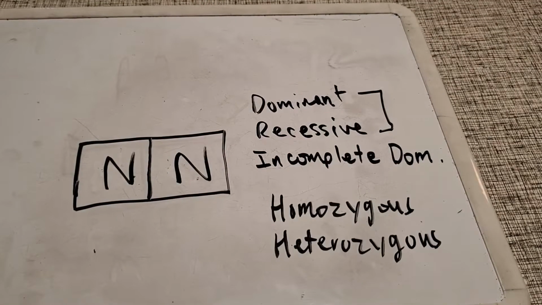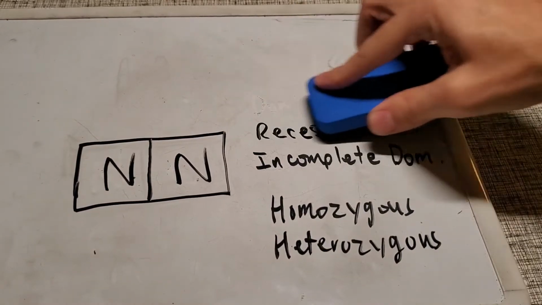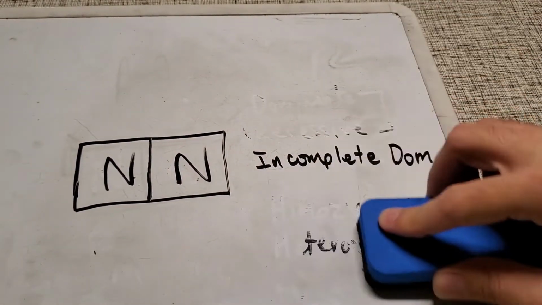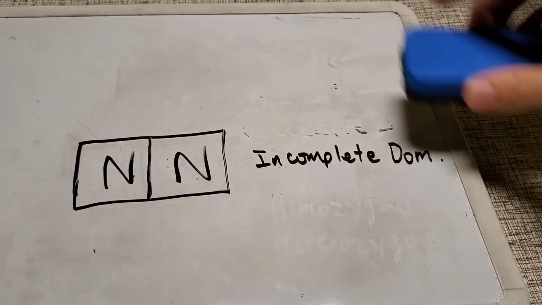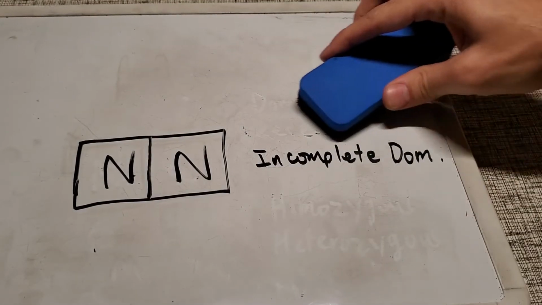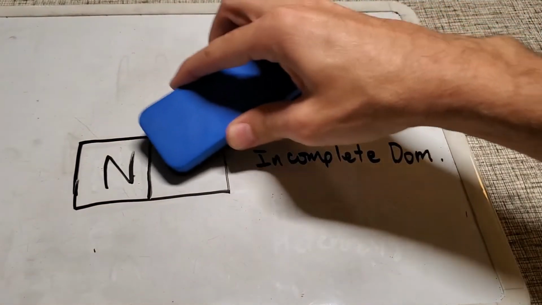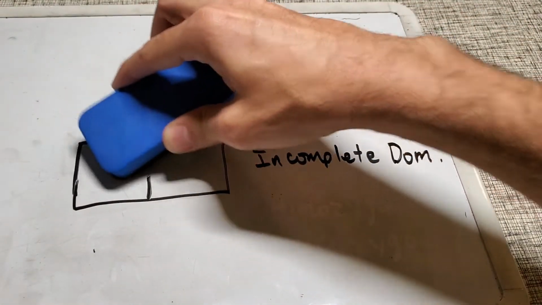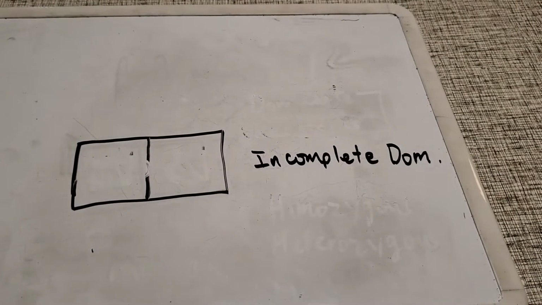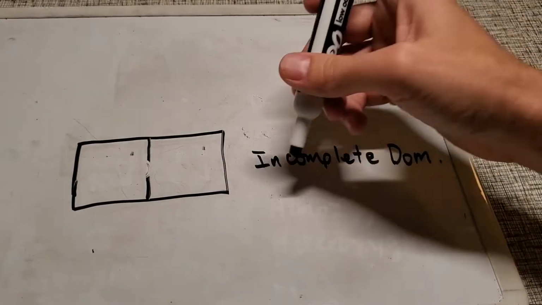So that leaves incomplete dominant, okay? This is something completely different, and this happens a lot in ball pythons, and these are the genetics that I am working with. All right, banana is incomplete dominant.